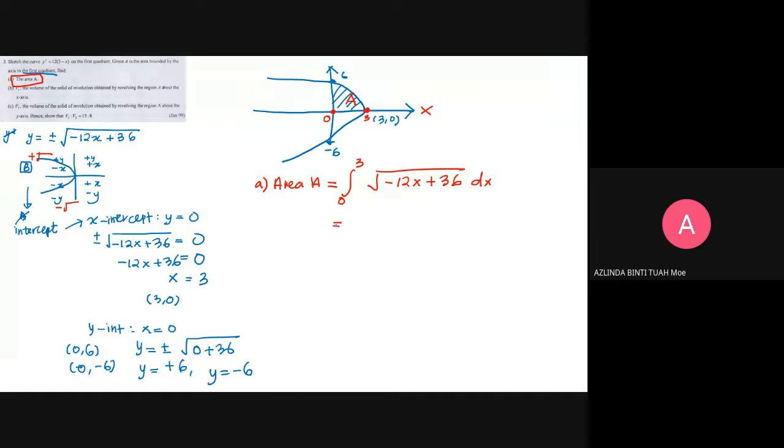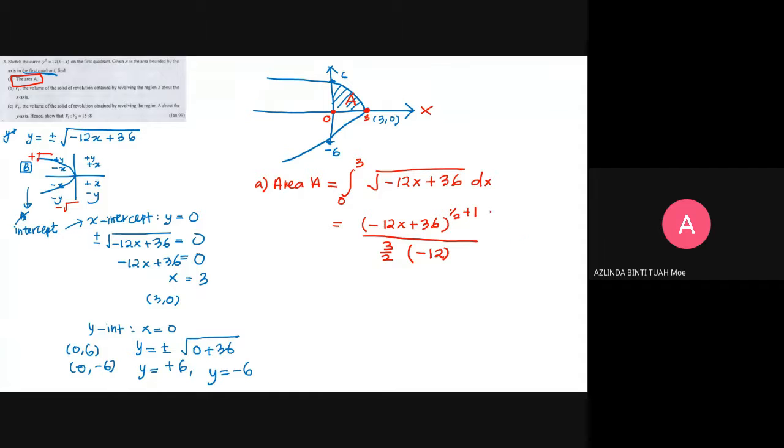Just do the basic rule. You integrate the polynomial where the power here is 1 over 2. So integrate negative 12x plus 36 to the power of 1 over 2 plus 1, which is 3 over 2, divided by 3 over 2. Don't forget to differentiate inside the bracket, here is negative 12.